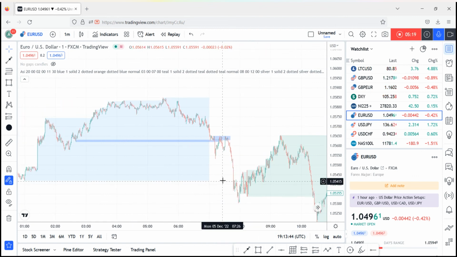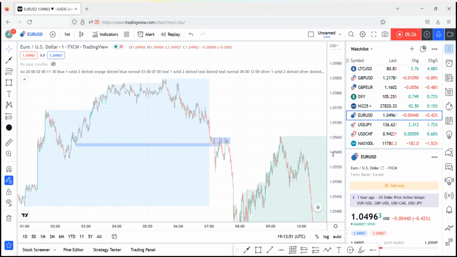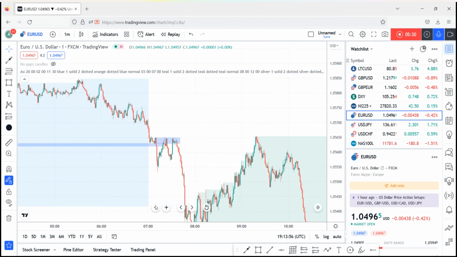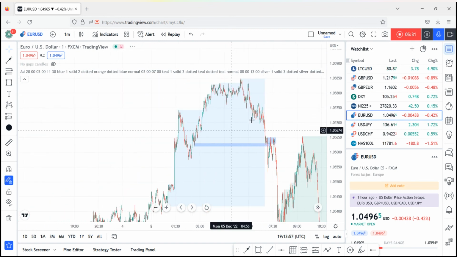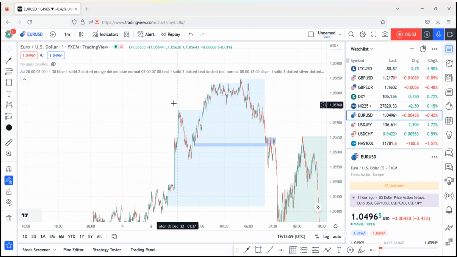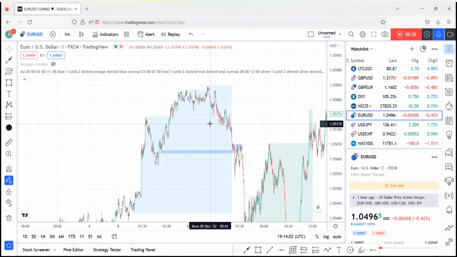Entry at 844, and my target was this zone, 54245. That was actually a 40 pip profit, and my risk to reward ratio was about 1 to 8, right? So this is how it works and how you can take demand to supply entries.